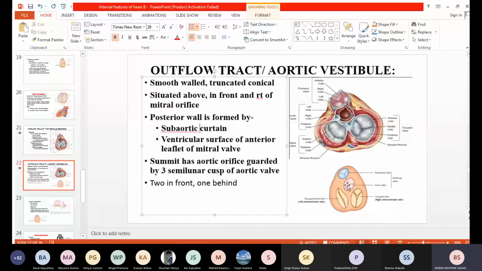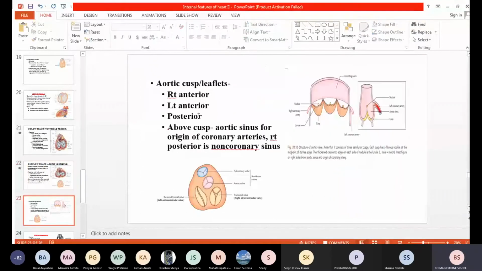So two cusps in front and one behind. That is about the aortic cusps: right anterior, left anterior, and one posterior.